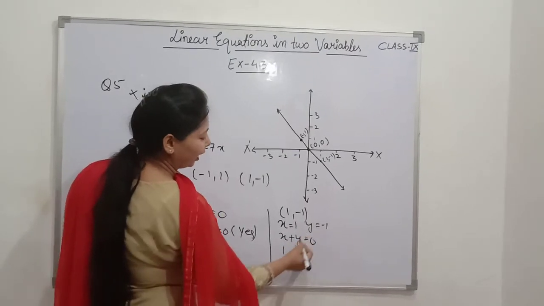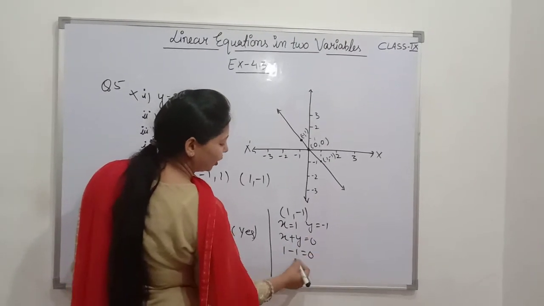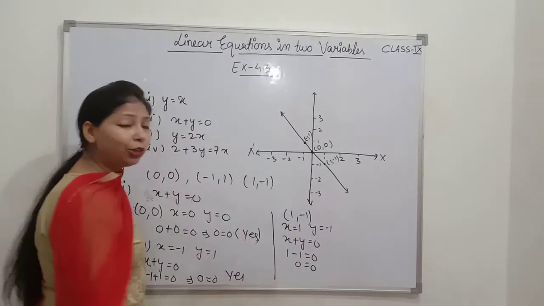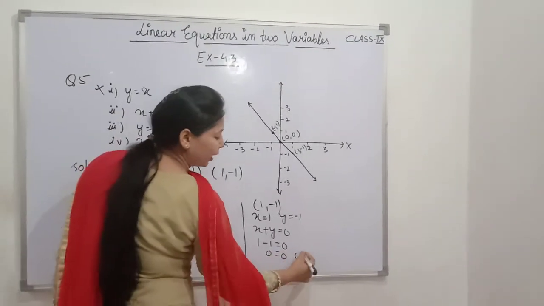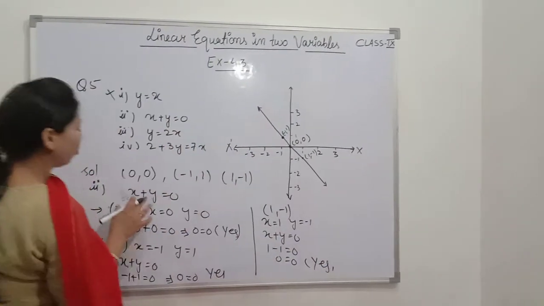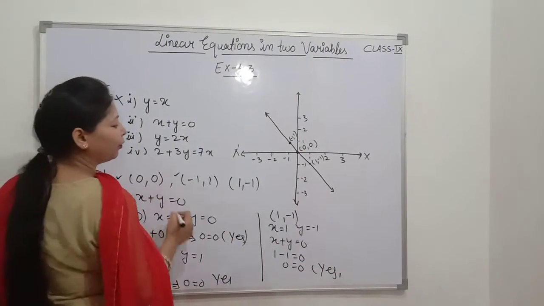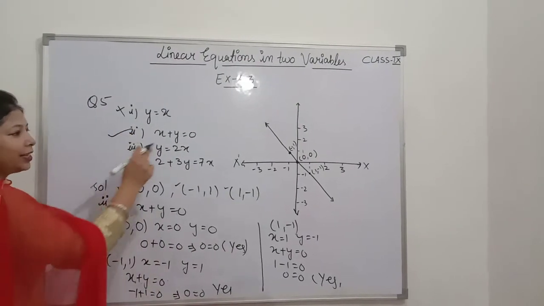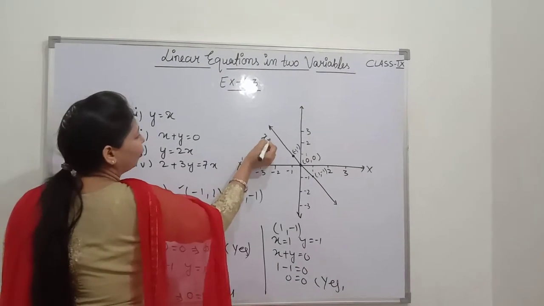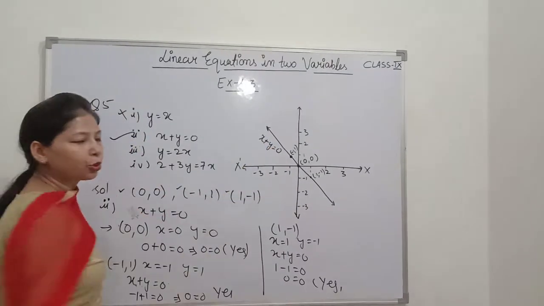Now x is 1 and y is minus 1, so 1 minus 1 is 0, equal to 0. So obviously this point also satisfies this equation. So we can say that all 3 points 0 0, minus 1 1 and 1 minus 1 satisfy this equation. So this is the graph of x plus y is equal to 0.